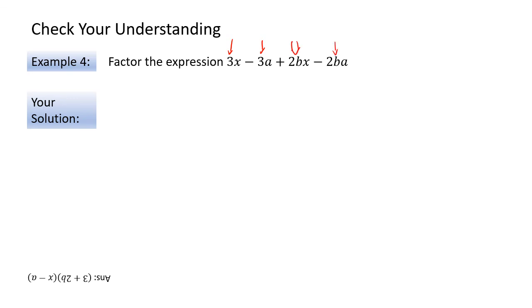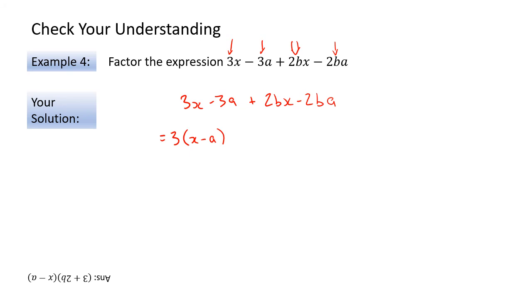So I'm going to keep them in their groupings. I don't have to rearrange. So I have 3x minus 3a plus 2bx minus 2ba. In the first grouping of 2, I'm going to factor out the 3. So I'm left with 3 times x minus a.